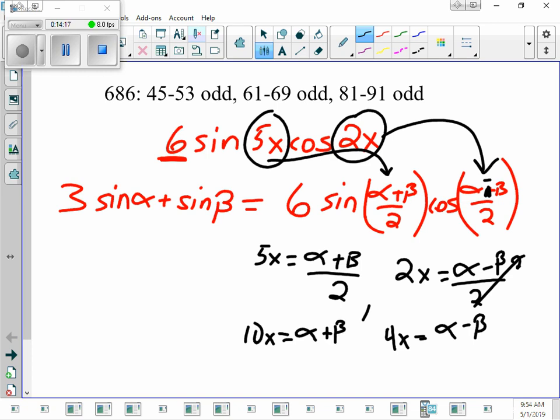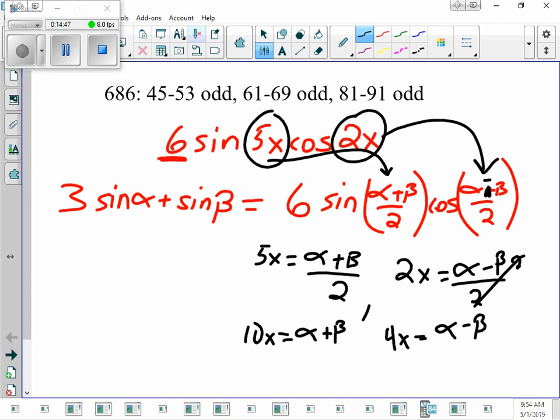Can you think of 2 numbers that you add together and get 10 and subtract and get 4? Will 8 and 2 work? Nope. 7 and 3. Now, what if you forget that? I mean, what if you just can't do that in your head?